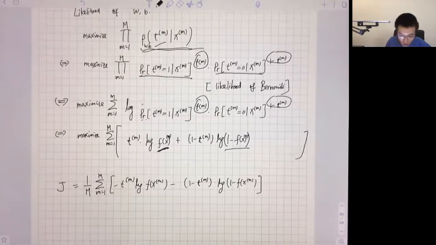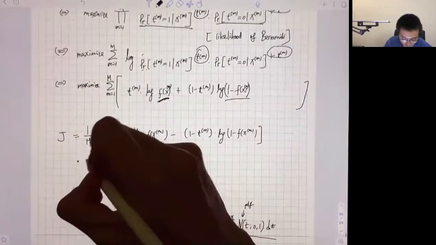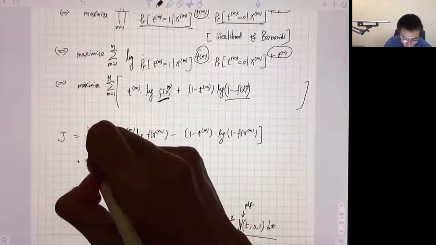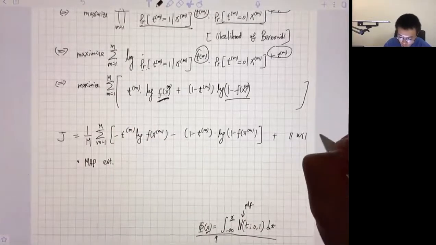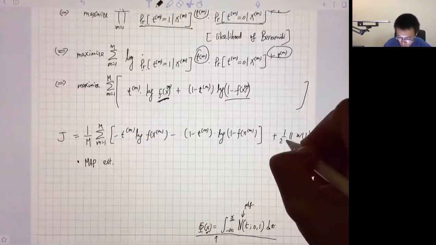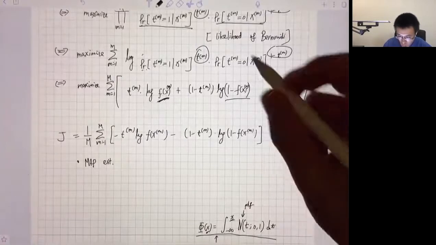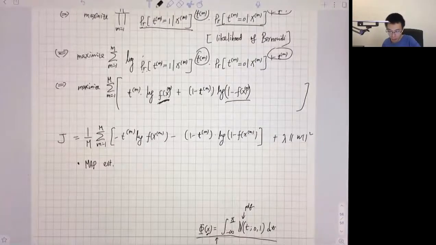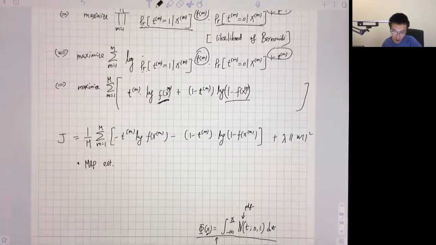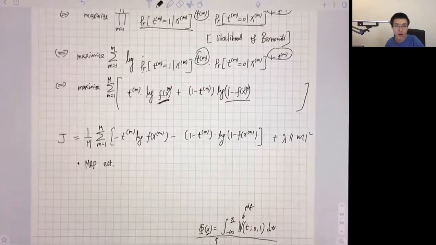And obviously you know how to do MAP estimation. Again, you can have a penalty over your W with some weight, some coefficients. This is the L2 penalty, which means you have a Gaussian prior over W. Then it's not a conjugate prior, but you can still do the maximum a posteriori estimation.